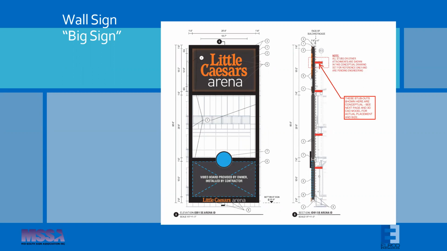Again, technically this is a wall sign, but at over 66 feet tall with all the framing, the EMCs and display boards that go into it, and the people that are walking underneath, the connection details get very, very important. In this case, the original design of the building called for these large displays. So the structure was pre-designed to handle the display.